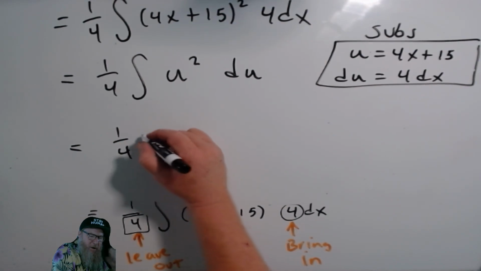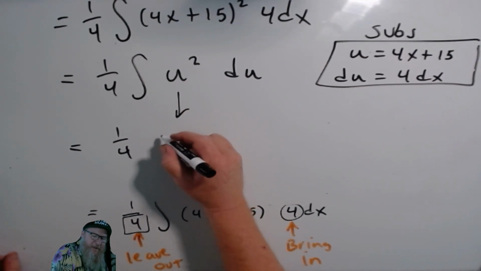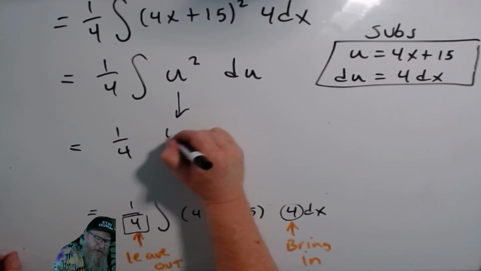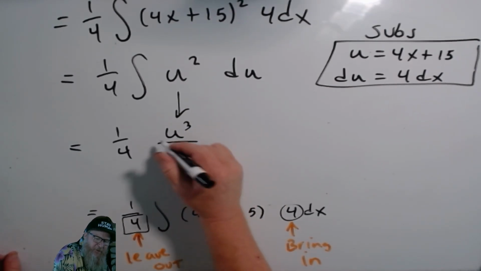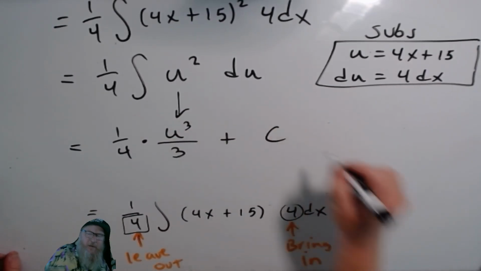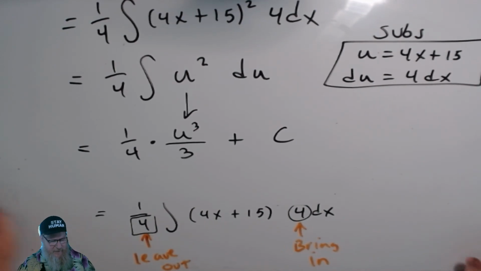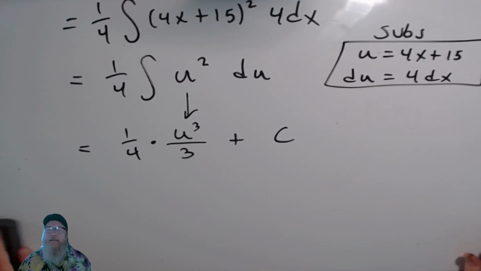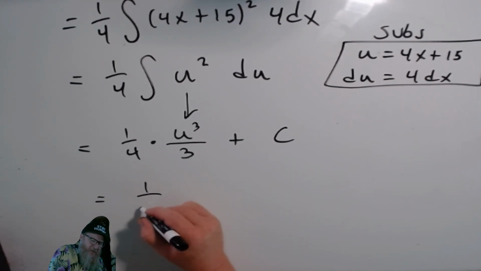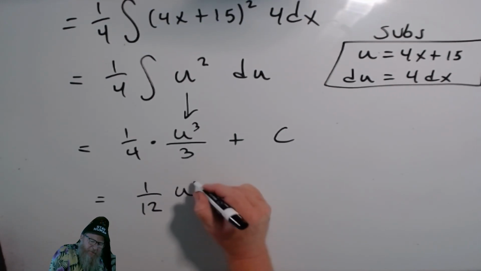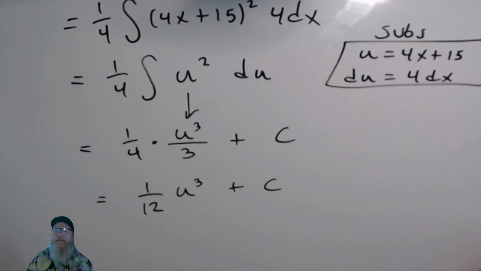So that's going to be 1/4. And then the integral is going to be u cubed over 3 plus c times 1/4. So that's going to be 1/12 u cubed plus c.